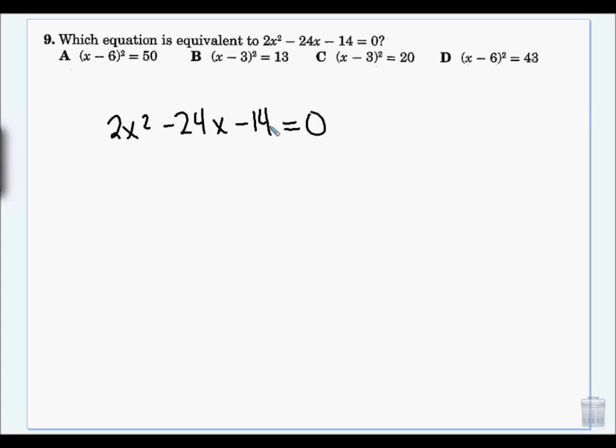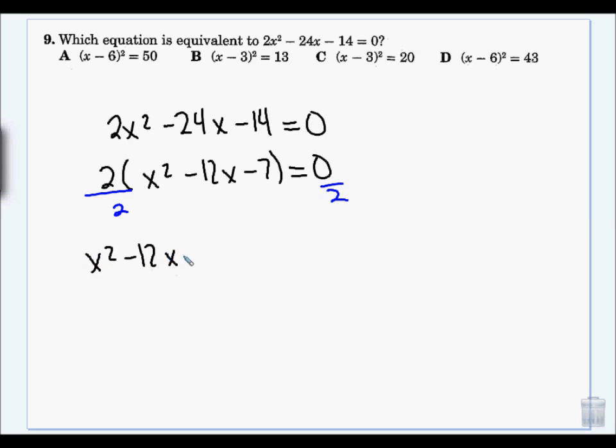All of these will divide by 2, so I can factor out a 2. And then I can divide both sides by 2. And this won't factor, so I'll add 7 to both sides.